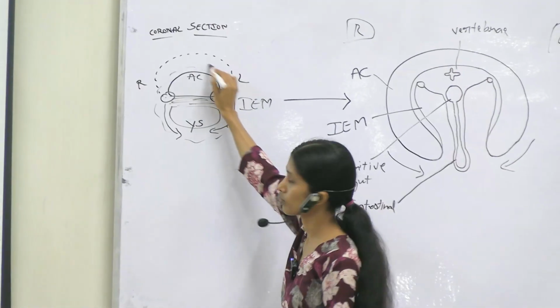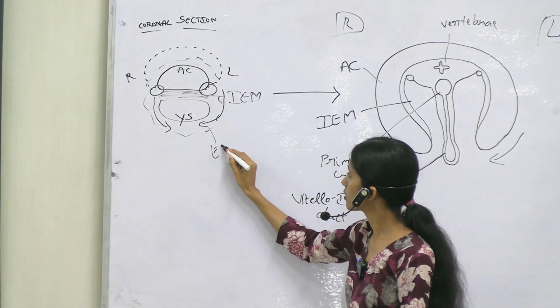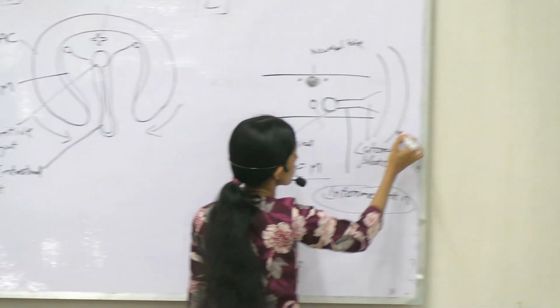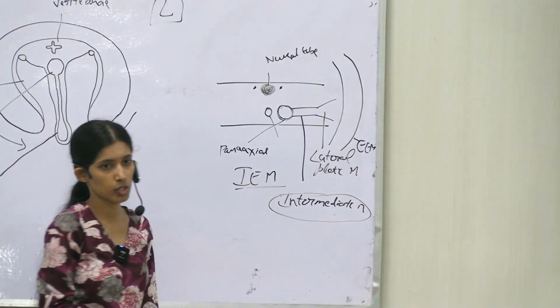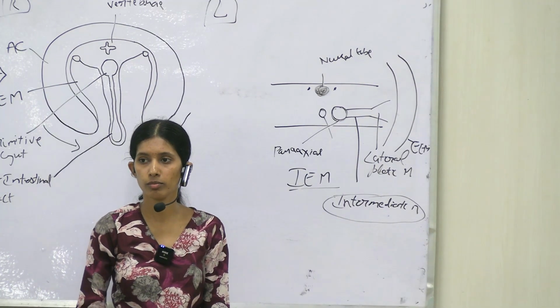This entire structure is covered by extraembryonic mesoderm, right? So here this is your extraembryonic mesoderm. What is the structure we can see inside the extraembryonic mesoderm?